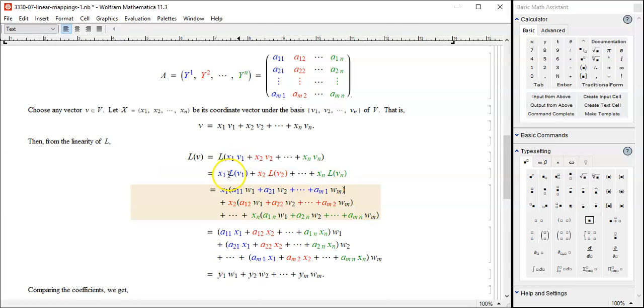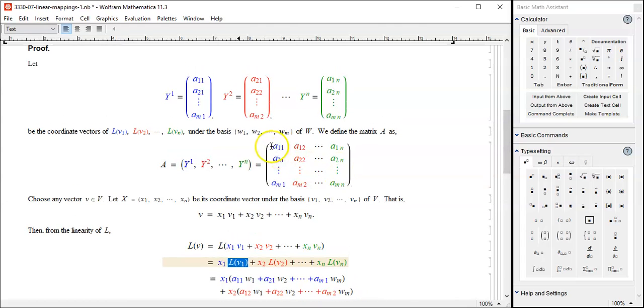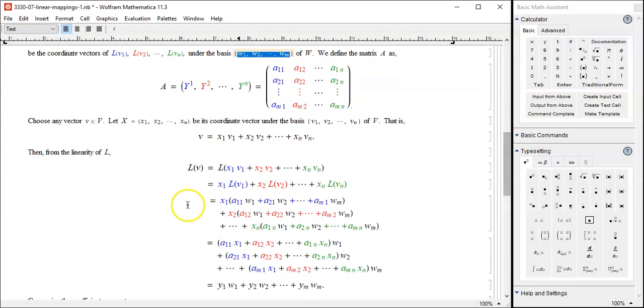And then, what is L of V1? We have this coordinate expression as columns. So A11, A21, A31, all the way to AM1, those are the coefficients of the linear combination based upon the basis.